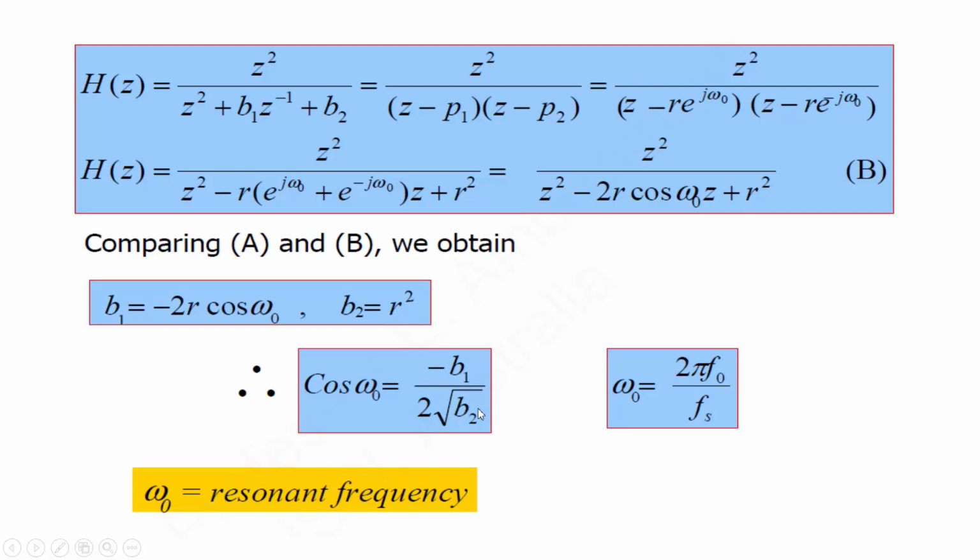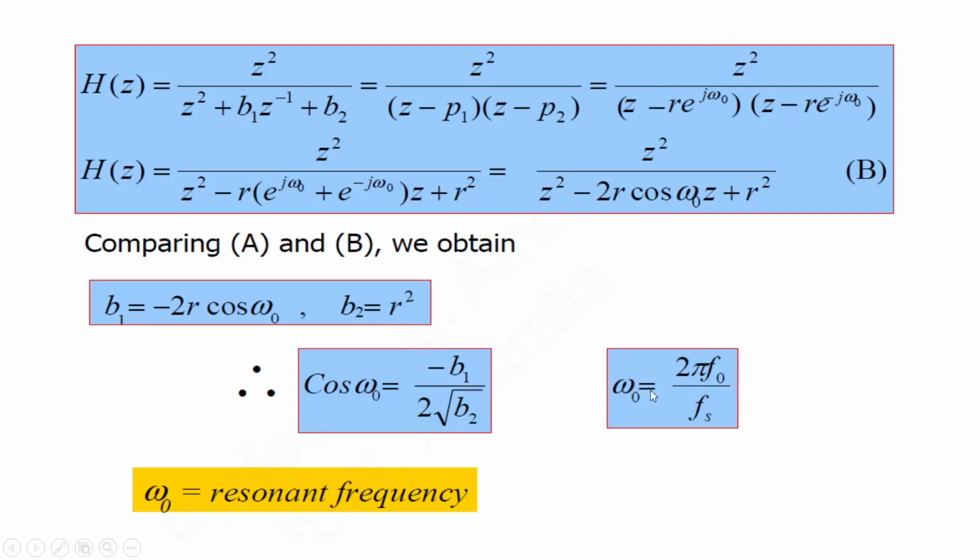and omega 0, which is the digital frequency, is 2 pi f0 times capital T, because the relationship we know is that digital frequency is equal to analog frequency multiplied by capital T. Analog frequency is given by 2 pi f0. Capital T is actually the sampling period, so it can be written as 1 over fs also.